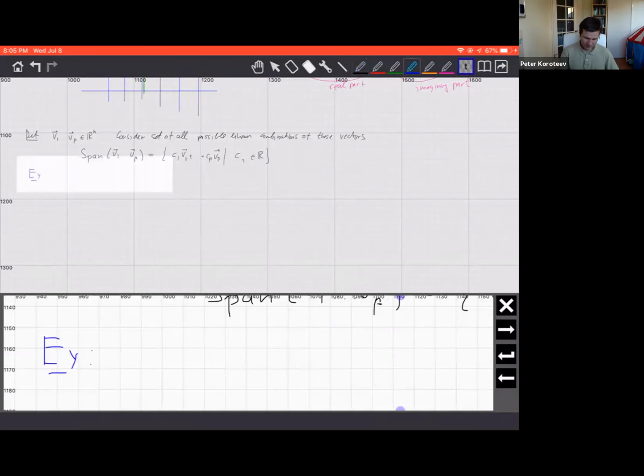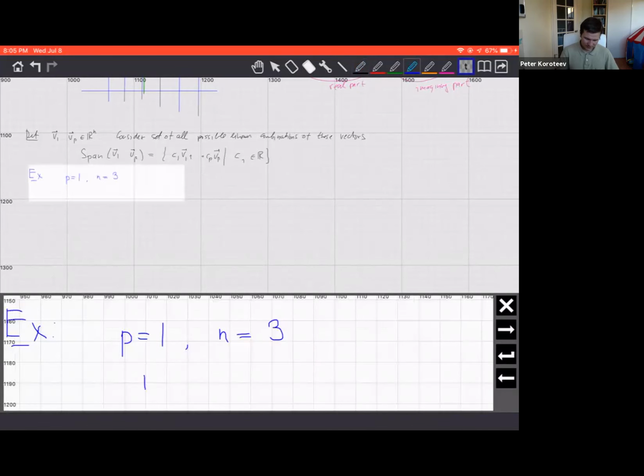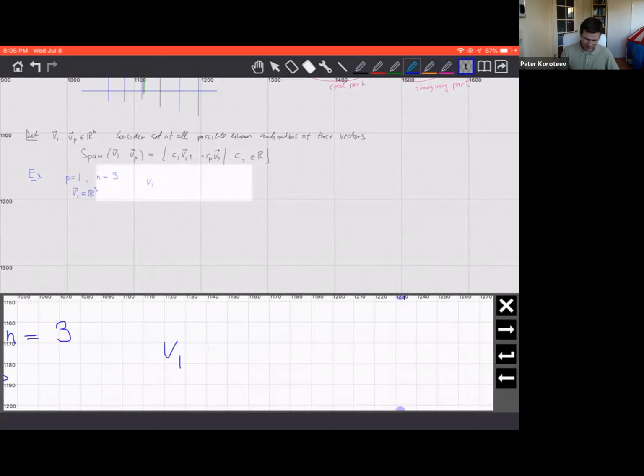Let's say p is equal to 1 and n is equal to, for example, 3. So we have a vector v1 inside R3, and let's take a particular vector with components 1, 0, 0.